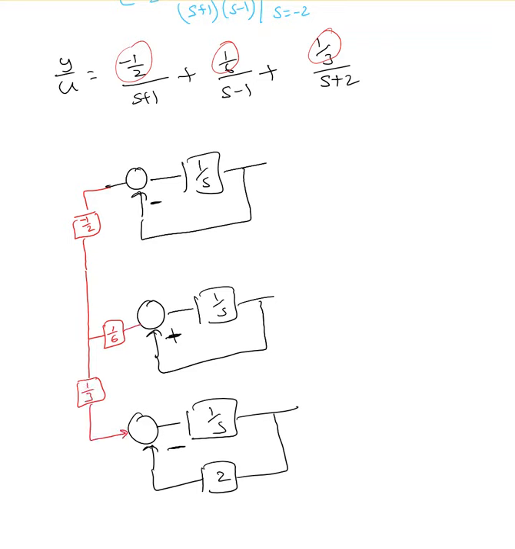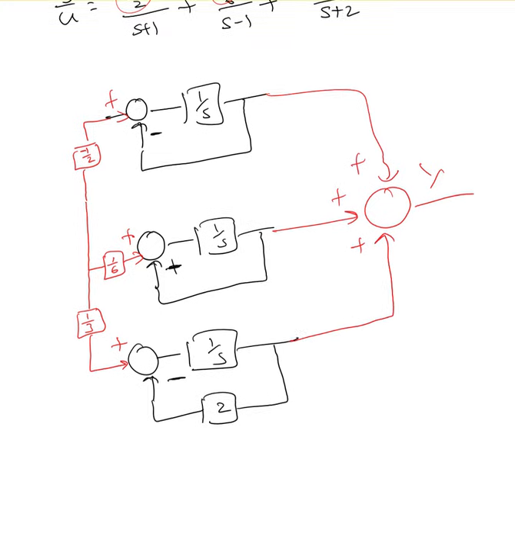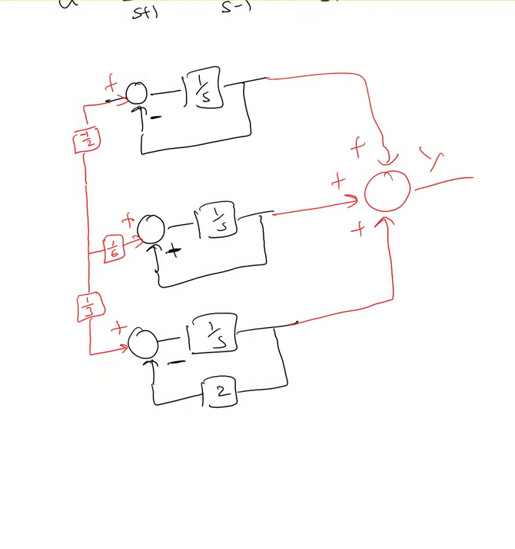I already included the minus in there, so this is positive, this is also positive, and that's also positive. Now y, you can add them directly without any extra blocks.